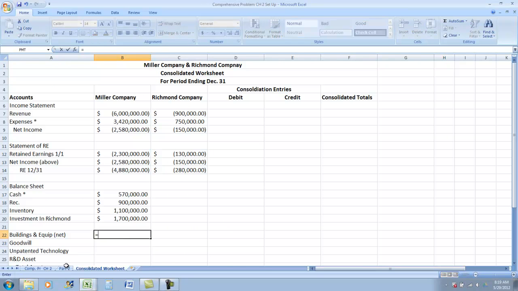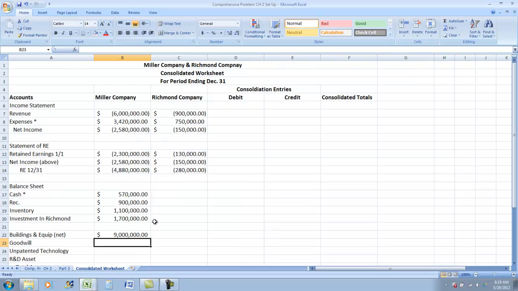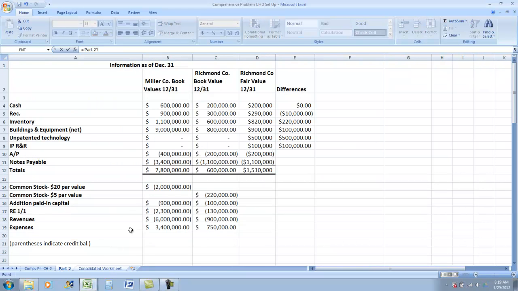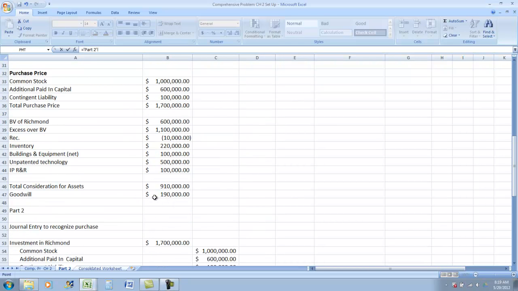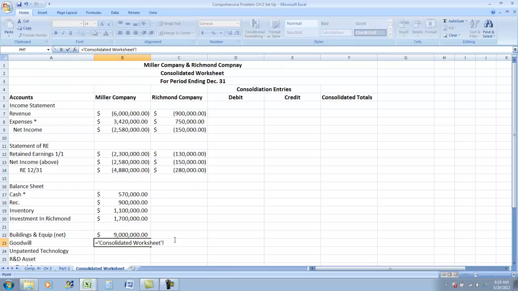Buildings and equipment. This is Miller again, our parent company. Goodwill. This came from the transaction here. And I put the goodwill in there, but we're not putting anything here. It'll happen in the consolidation journal entry.